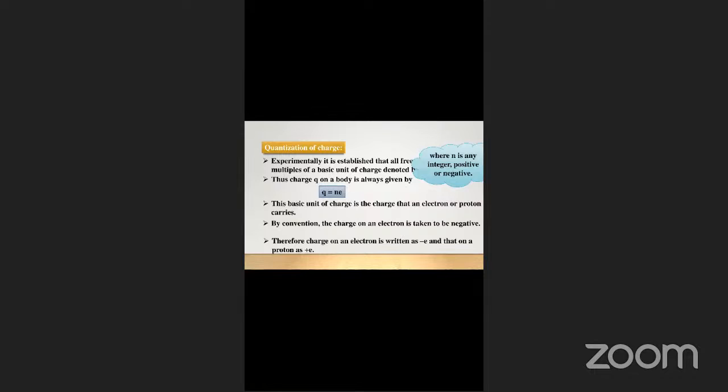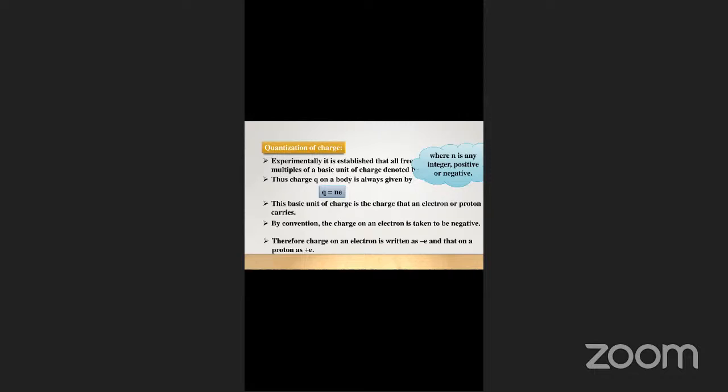Finally, therefore, the charge on an electron is written as negative e and that on a proton as plus e. Already you know that electrons are negatively charged and protons are positively charged.